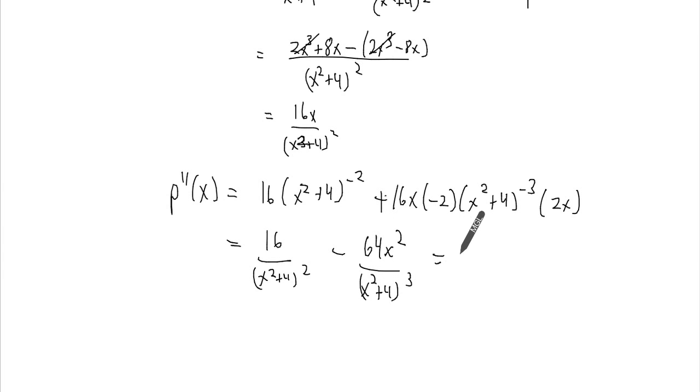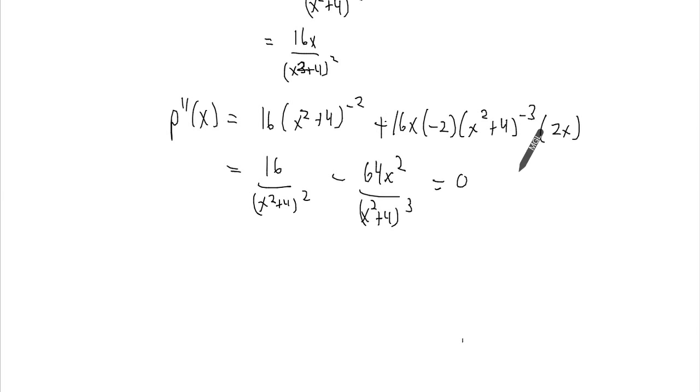Now I want this all to equal 0, so what I'm going to do is bring this over to the other side, and I get 16 over x squared plus 4 squared is equal to 64x squared over x squared plus 4 now cubed.